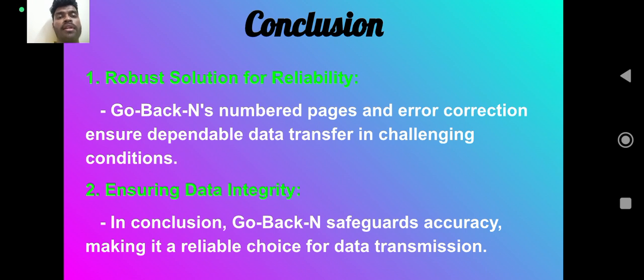Ensuring data integrity: since the data is not corrupted during the data transmission, it is very accurate. That is the meaning of ensuring data accuracy or data integrity, and thereby we can expect reliable data transmission from this Go Back N system.